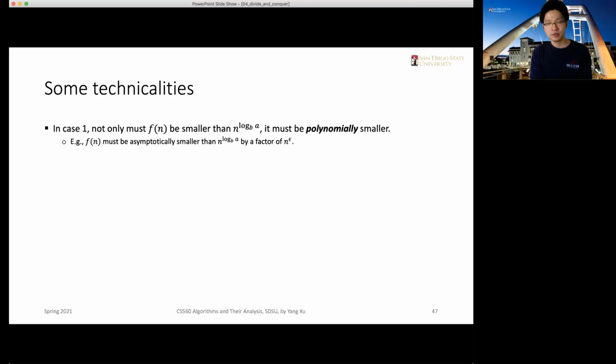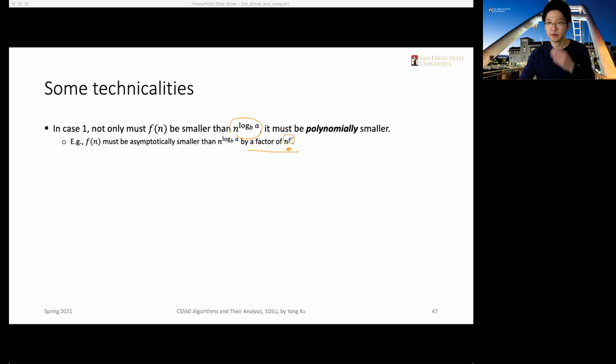In condition 1, it basically says that f of n should not only be smaller than the polynomial function, but it must be polynomially smaller. It must be smaller than this function by a factor of n to the power of epsilon.